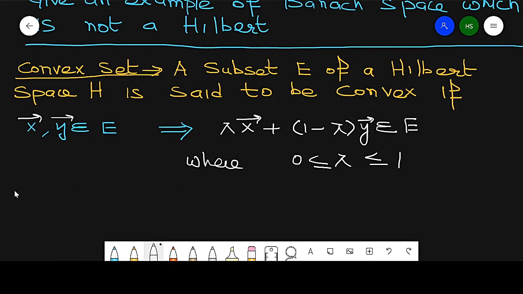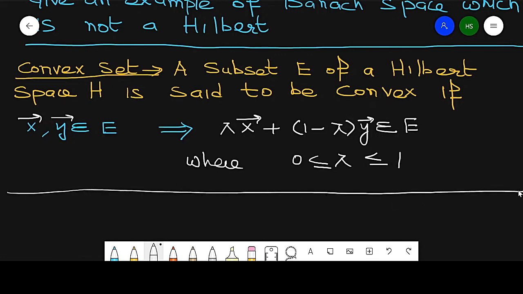So remember this. This is the definition of convex set.